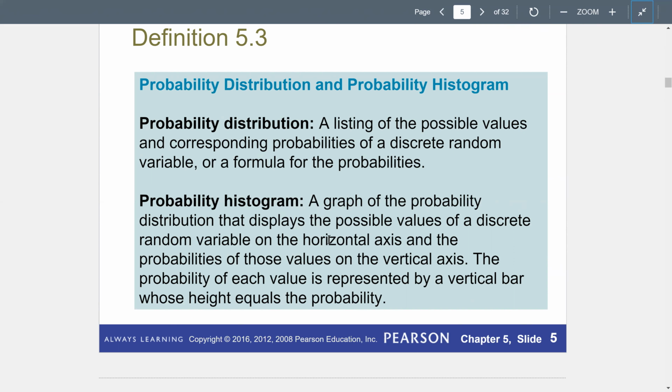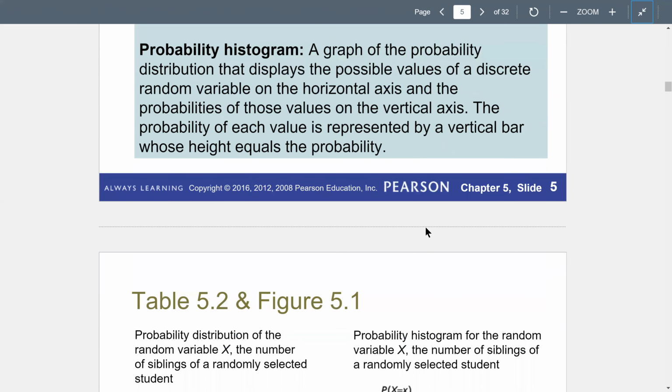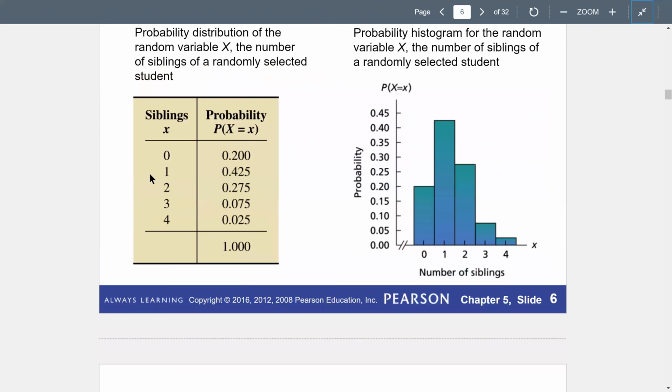You can also display it in tabular form, like this one. You have numbers, all integers including 0, and each value has its corresponding probability. The sum of the probabilities must be equal to 1 to qualify it to be a probability distribution.